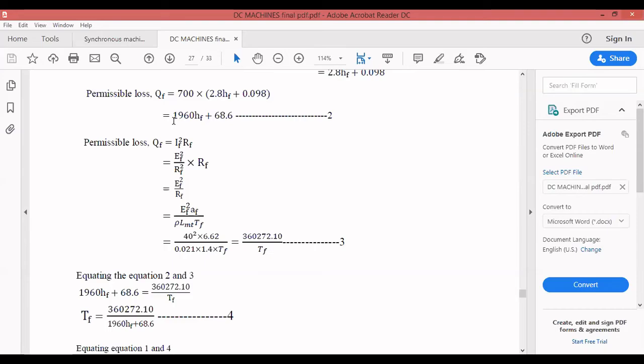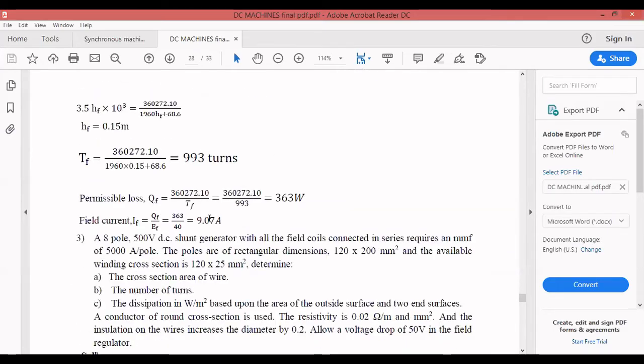You can use any formula, no problem. QF is equal to this whole term divided by TF. TF I know. So what did I get? Permissible loss, 363 watts. So the field current you calculate as QF by EF.